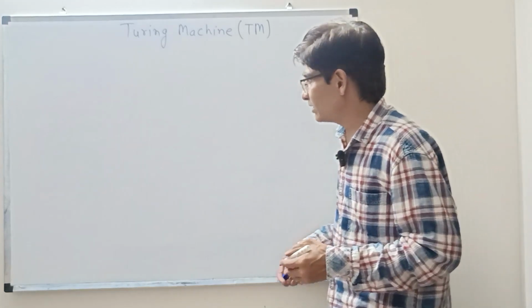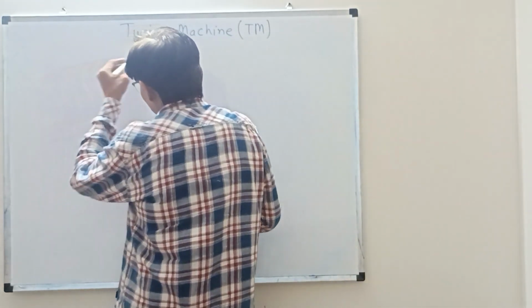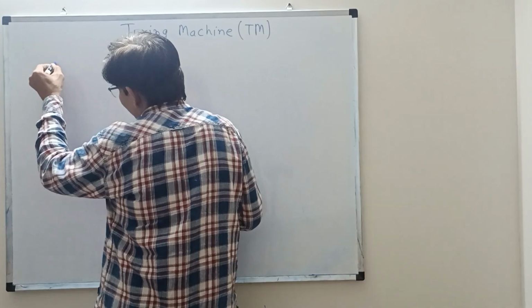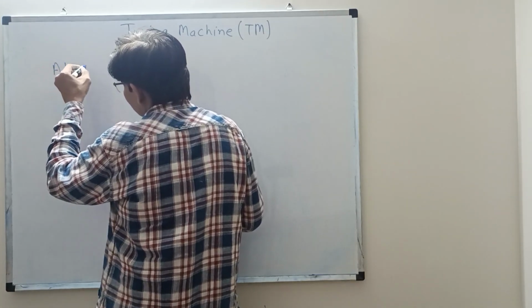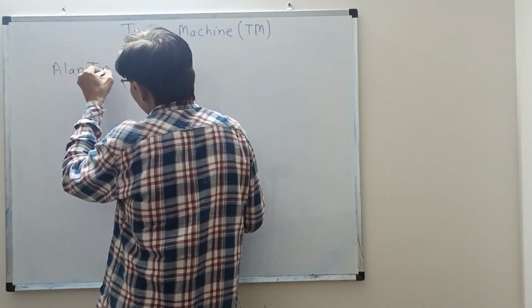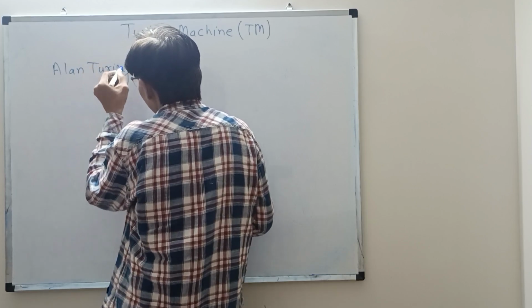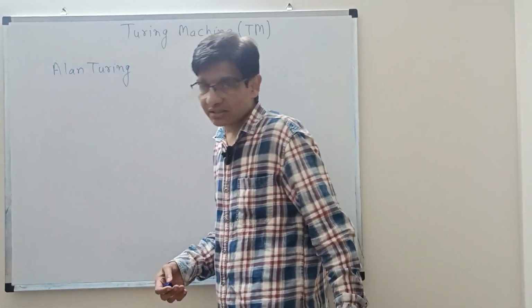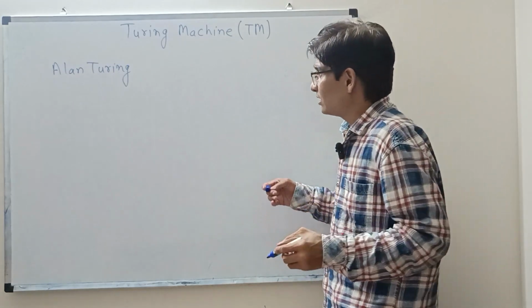So first of all, I will tell you, friends, it was first proposed by Alan Turing. So after the name of Alan Turing, this mathematical model is known as Turing machine.